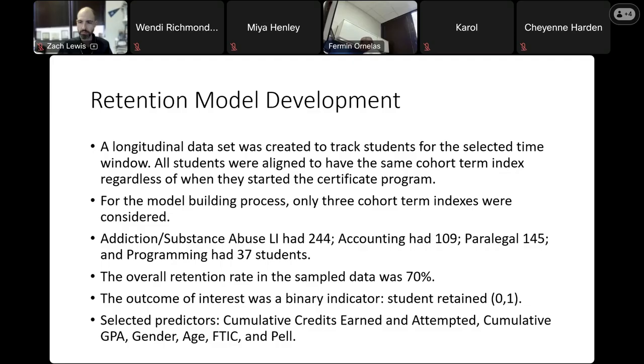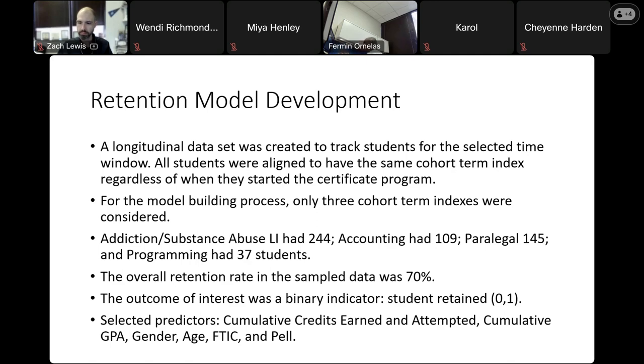So we look at what we call 3 cohort term indexes, where 2 were used to collect the data, and cohort term index 3 was used to build the indicator of who actually continued after the first 2 terms. The total count for each program was 244 for substance abuse, accounting had 109, paralegal had 145, and programming had 37 students.